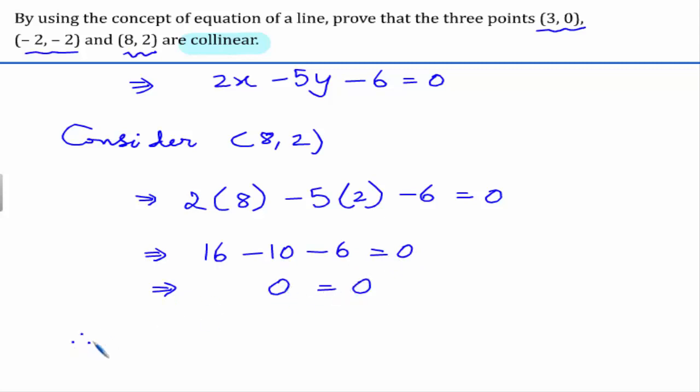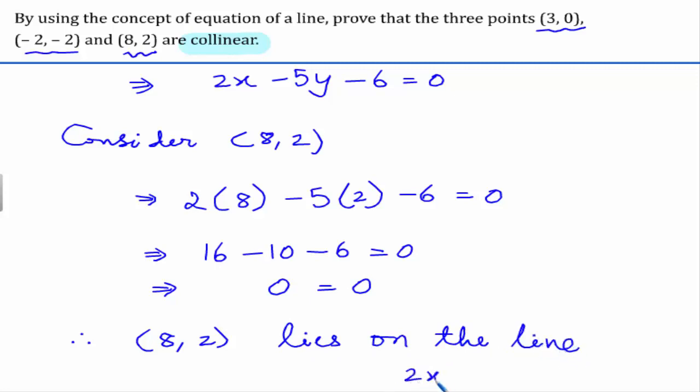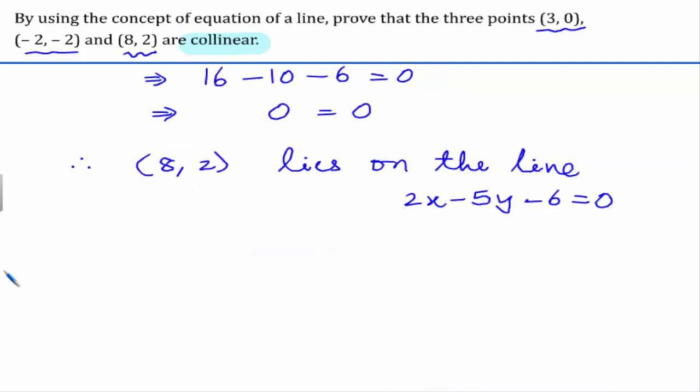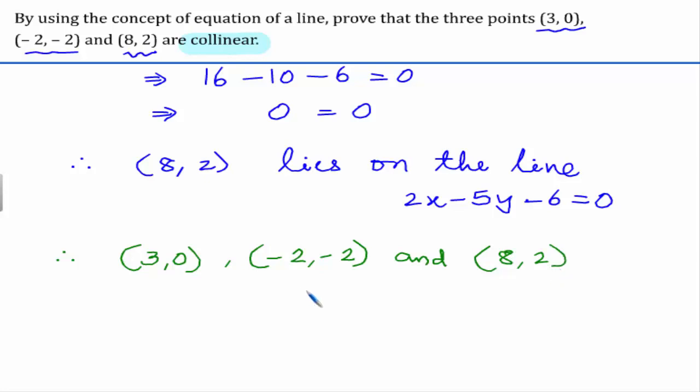So what we can say out of this is, therefore point 8, 2 lies on the line 2x minus 5y minus 6 is equal to 0. That means all the 3 points are on the same line. Therefore 3, 0, minus 2, minus 2 and 8, 2 are collinear.